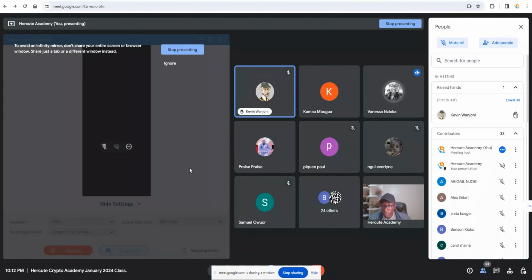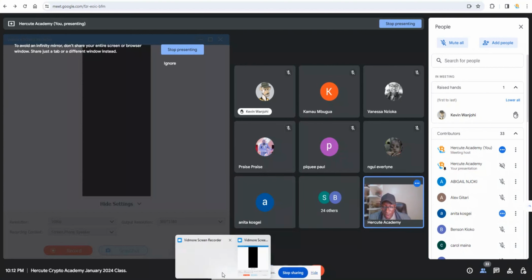Yes, it's visible. What can you see? A black screen, right?